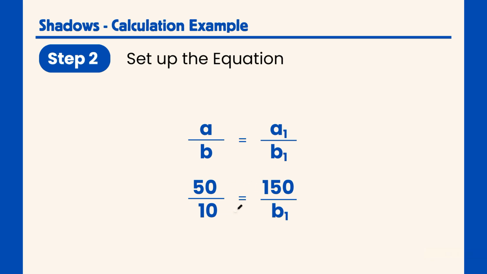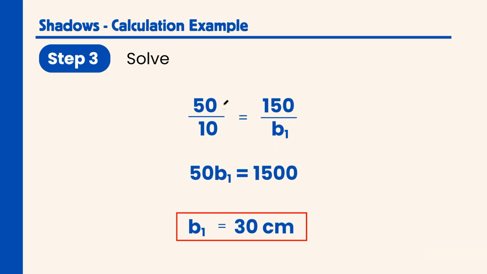So 50 over 10 is equals to 150 over B1. So simplify lang siya. So cross multiply, 50 times B1 is equals to 50 B1. Then 10 times 150 is equals to 1,500. And then since we want the value for our B1, we divide both sides by 50 para mahawa ang 50 niya tapad.